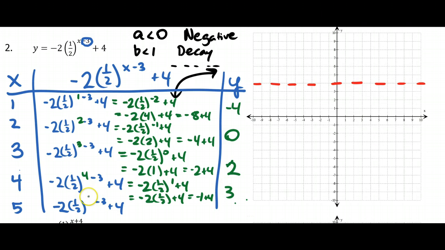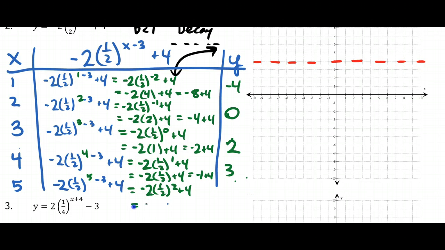And then finally plugging in a 5, we get -2 times 1/2 squared plus 4. That's going to give us -2 times 1/4 plus 4, which is going to be negative 1/2 plus 4, or 3.5. Okay, so it takes a little bit of work, and be sure you understand how I got each of those numbers, especially up here with my negative exponents.